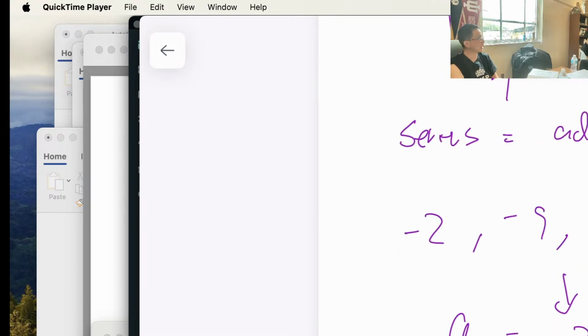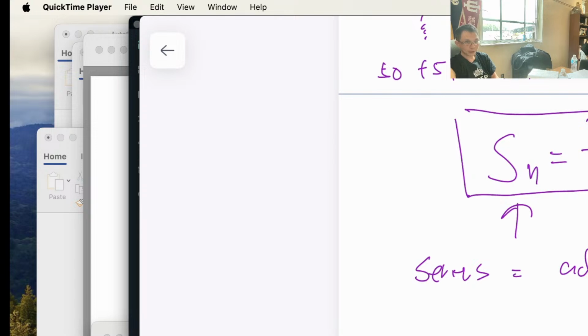How about S10? Yeah, it just follows the formula. This S10 means 10 divided by 2, is that okay? Times A1, which was -2. Wait, do I have A10? We did one before, right?